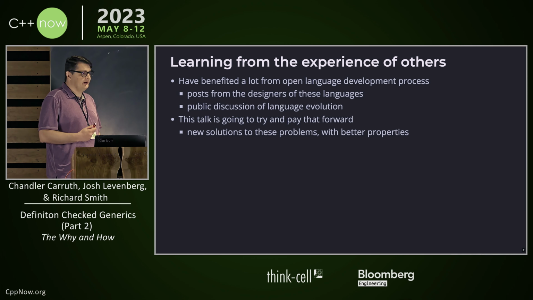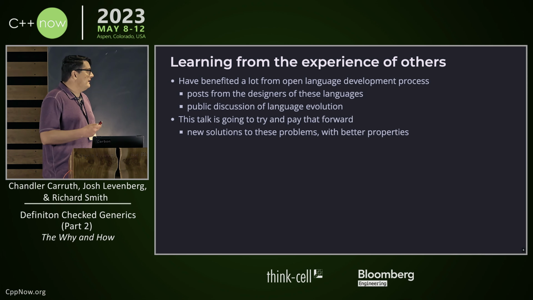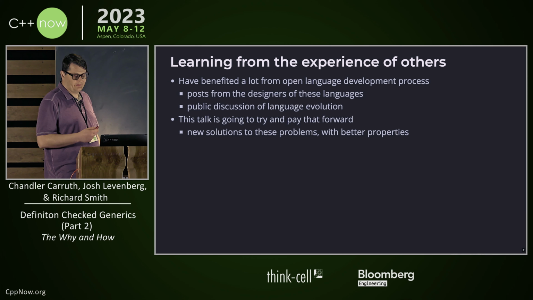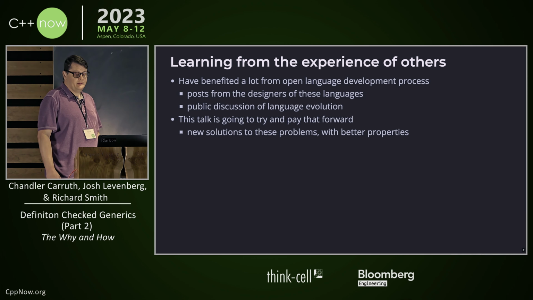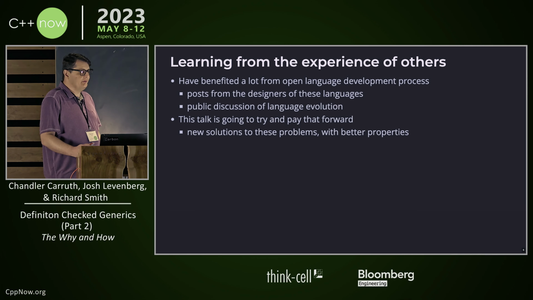And we hope that this talk is going to contain some ideas for future languages to use as well, so that we can pay forward the debt that we owe to the languages that came before us. And we think that Carbon has some novel solutions to the problems that we're talking about, and these solutions improve on the status quo of the prior approaches.